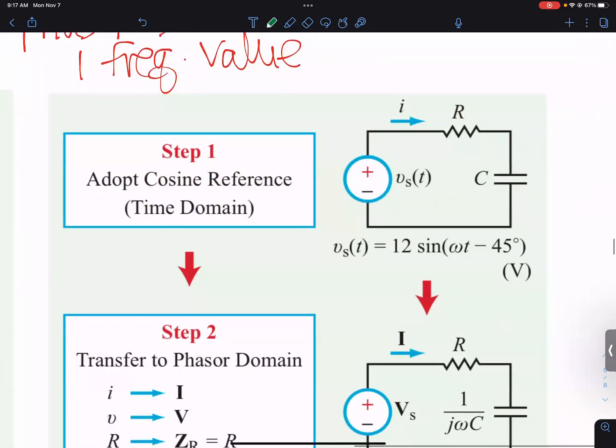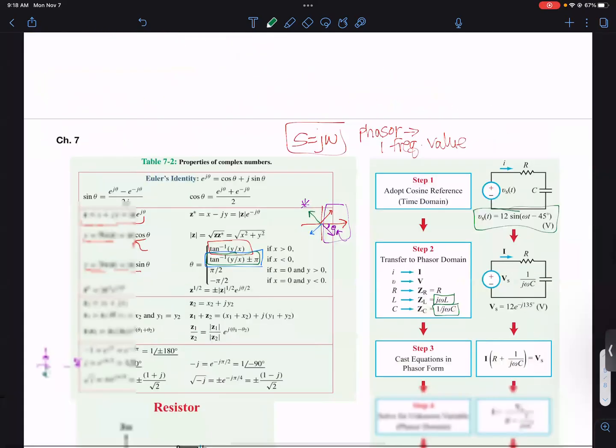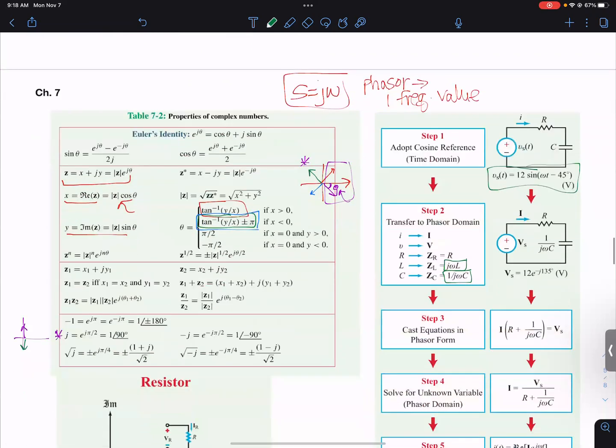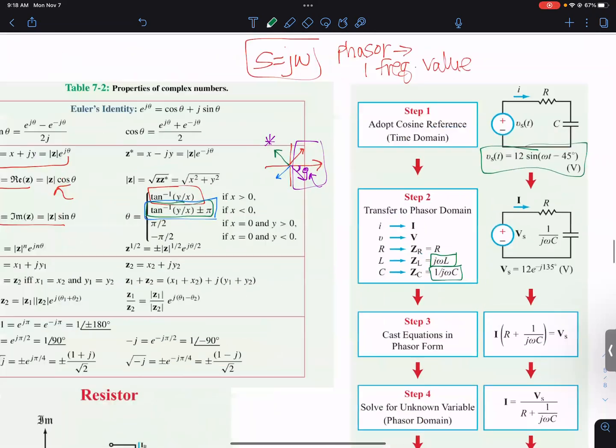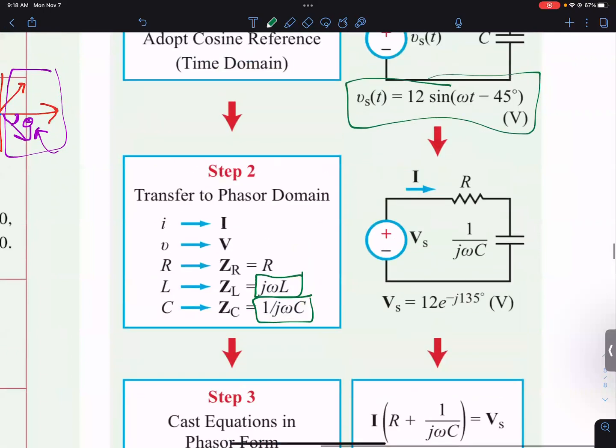You also have to have your source in terms of cosines to be able to change it to that phasor value. And the phasor, remember, is the amplitude becomes the magnitude and the shift becomes the angle.